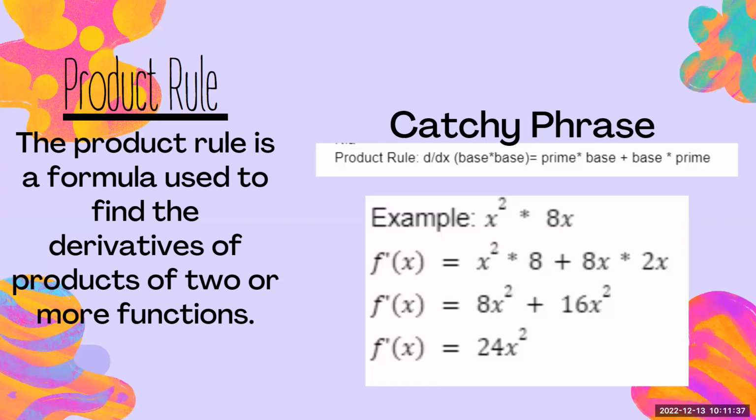And then we move down, we times the 2x by 8, and we get 8x to the second power plus 16x to the second power, because we times both the 8x and the 2x. And then to simplify it even more, we would get 24x to the second power, and that's how you do the product rule.